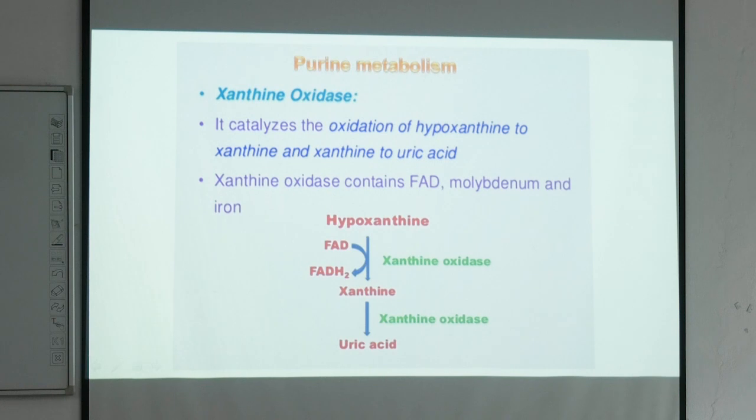Now this one is very, very important: FAD containing, molybdenum containing, iron containing enzyme. Clear? So, all uric acid lowering agents mostly target xanthine oxidase to lower the production of uric acid.